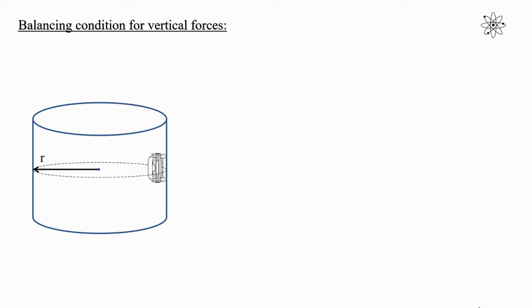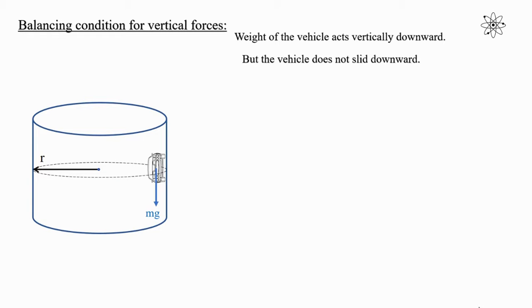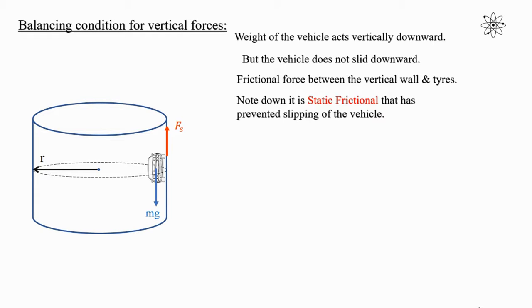Now let's understand the balancing condition for vertical forces. Weight of the vehicle acts vertically downward, but the vehicle does not slide downward. It is because of the frictional force between the vertical wall and the tires. Note down, it is a static friction that prevents slipping of the vehicle.